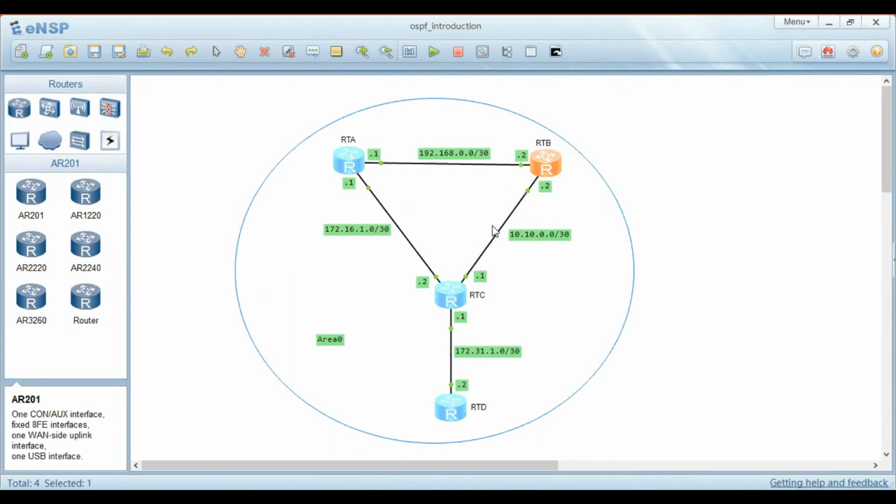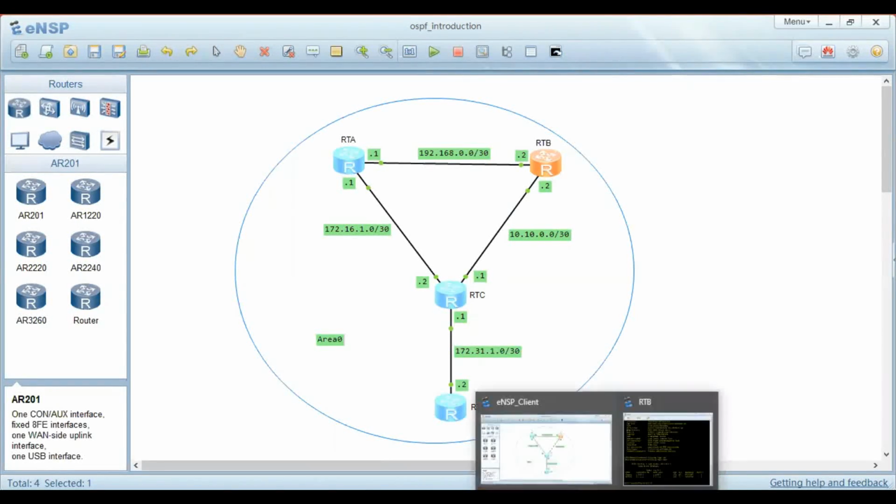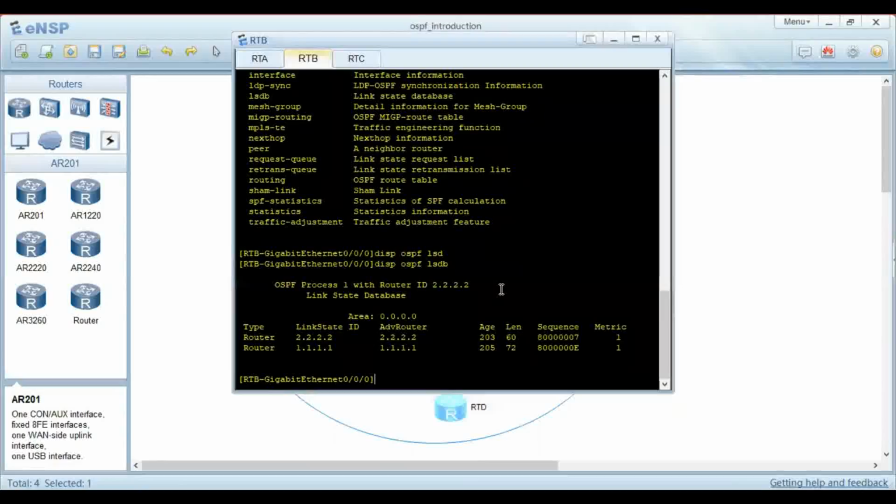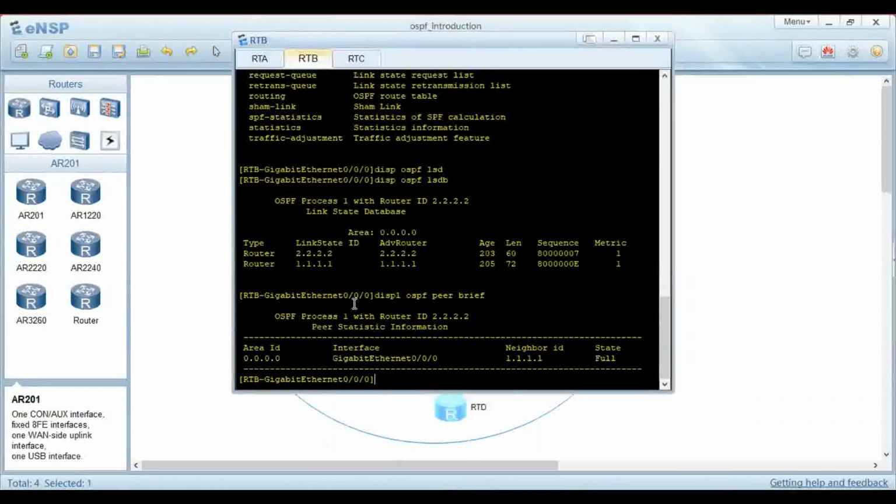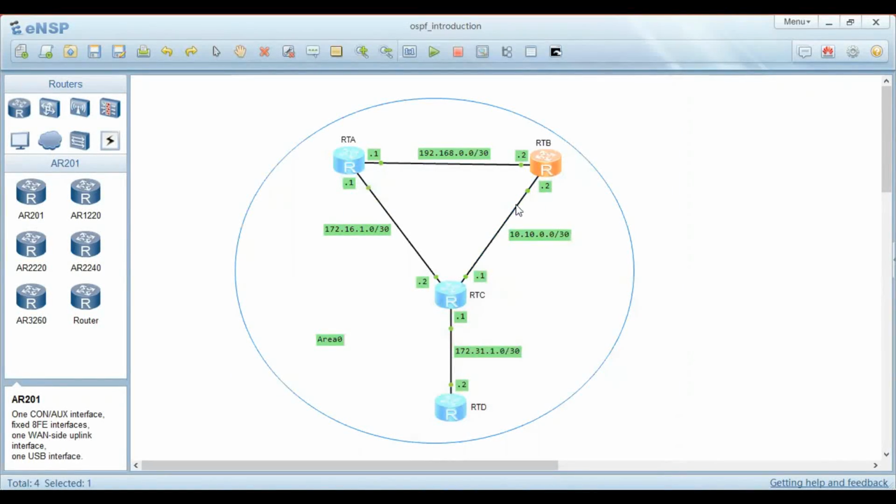Those two conditions have to be fulfilled for it to have a neighbor relationship. If we display OSPF peer brief, it only has one neighbor, which is RTA and not RTC, because this network has not been added to the OSPF process. I hope that one is clear.